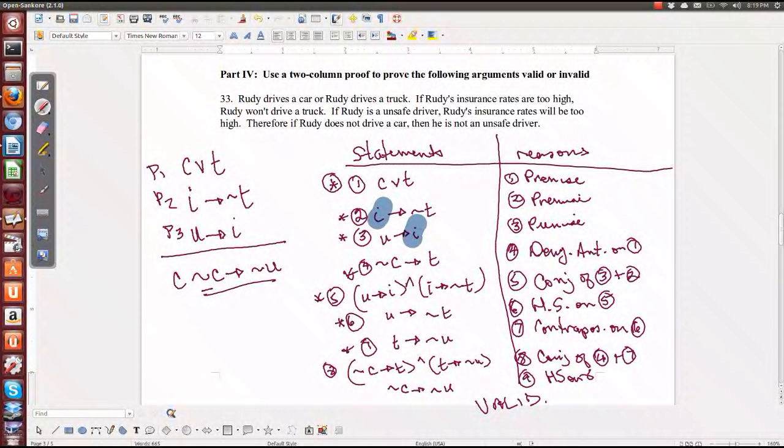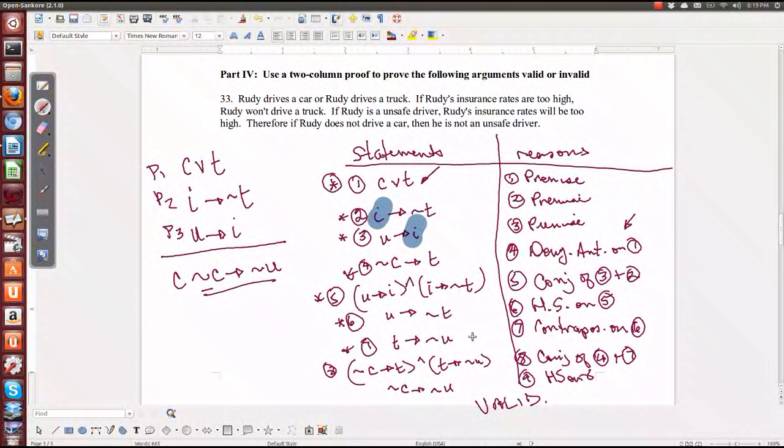So in this case, I had a couple of things I had to take care of. One, because I had that disjunction, I had to use denying the antecedent to get it to look like a conditional.